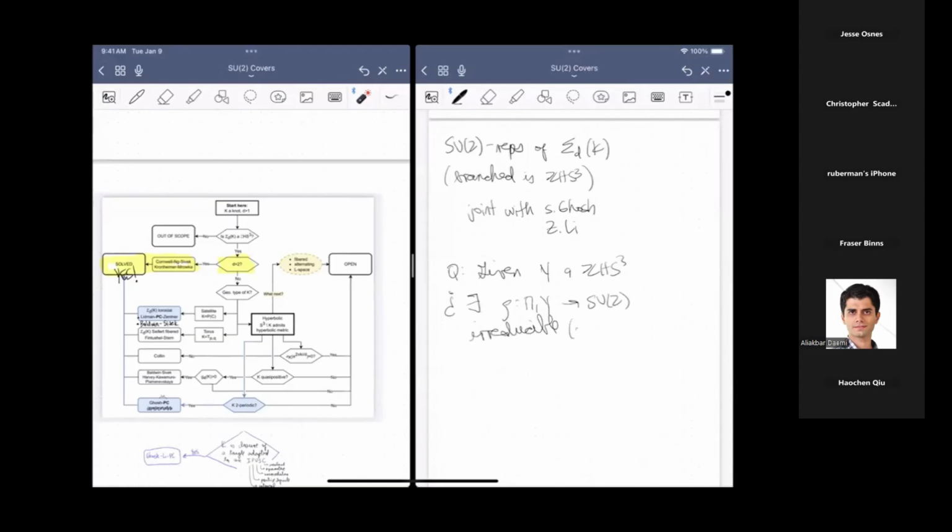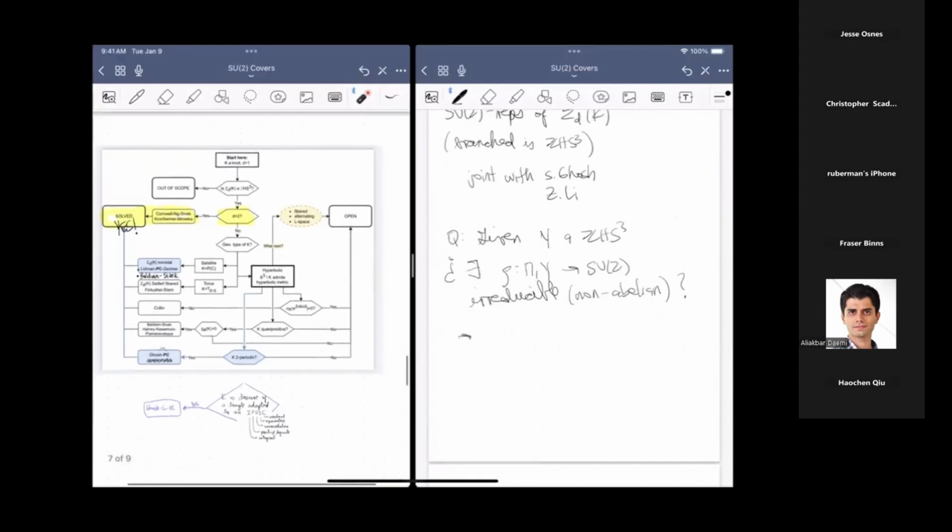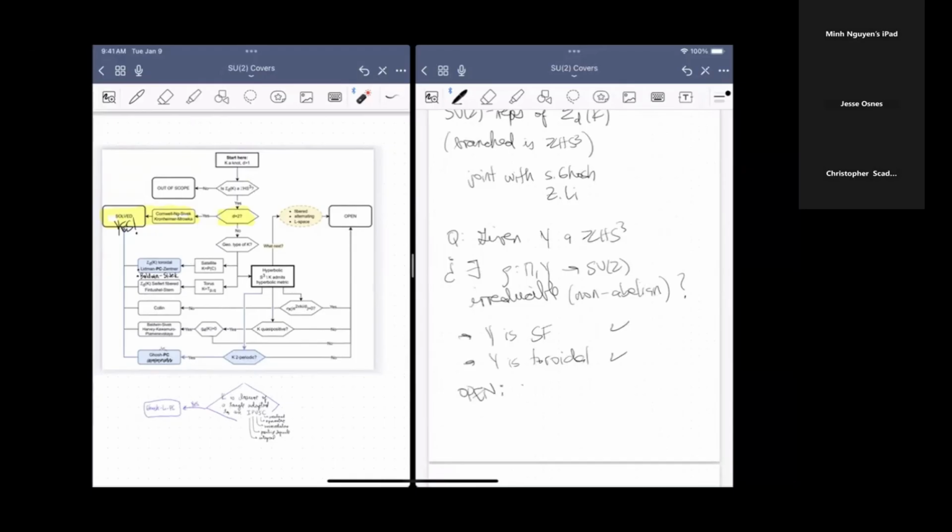Or in other words, non-abelian. So this question can be answered in a similar manner. If Y is Seifert fibered, if Y is toroidal, these are the ones that I'm saying we're done. And so the only open case is if Y is hyperbolic.